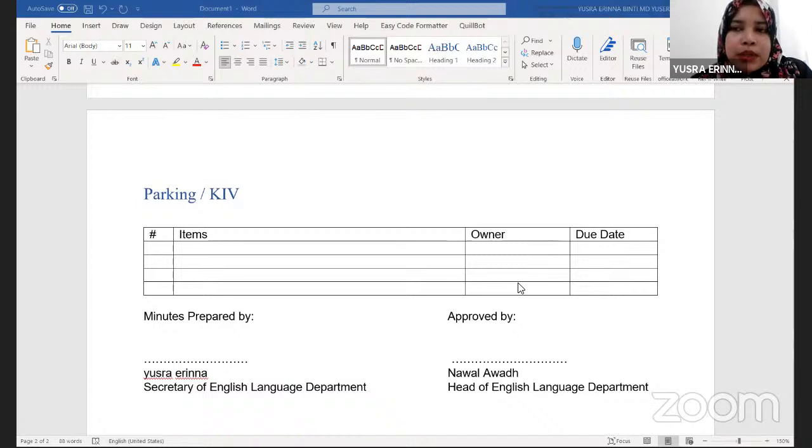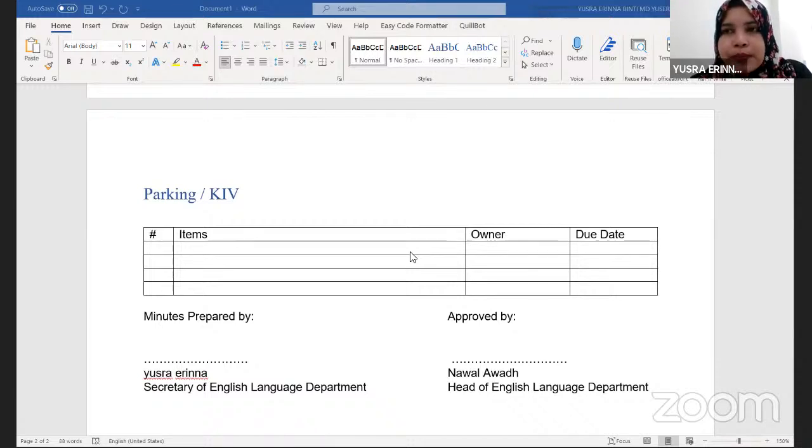But if your department wants to include it, then you need to include it as well. That's why formatting and layout are very personalized and individualized.